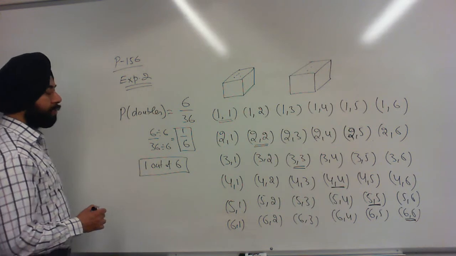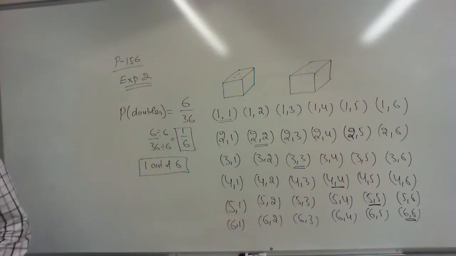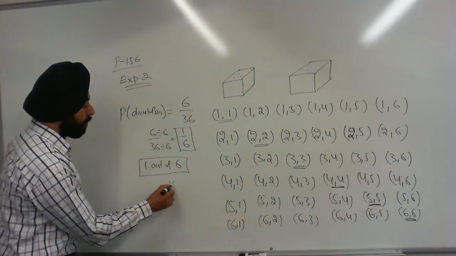You can also write it as a decimal. So you can use your calculator to divide it. What's 1 divided by 6? 0.16, then what's the next number? 6. So it's not 0.16, it's 0.166.